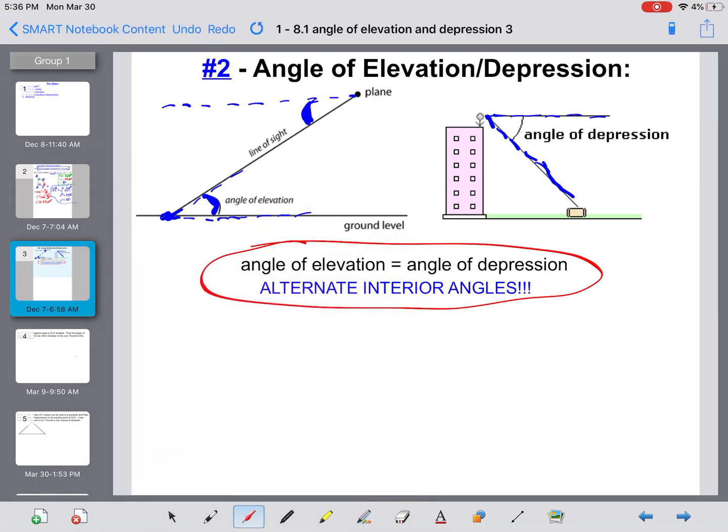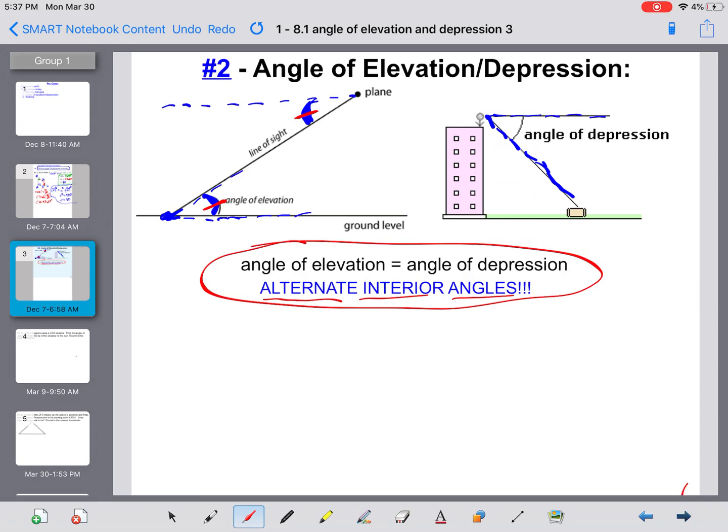If you look at these two angles, this angle of depression and this angle of elevation, those will always be congruent because they are alternate interior angles. The lines of sight for the person on the ground and the person in the airplane are parallel, and you remember from geometry that alternate interior angles are congruent. That might help us in some problems, making the pictures and making the triangles.